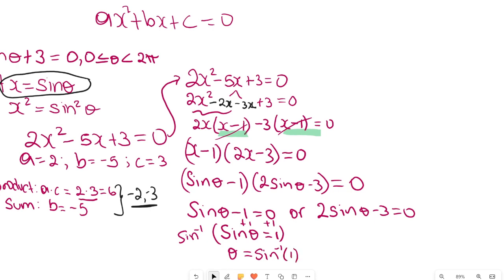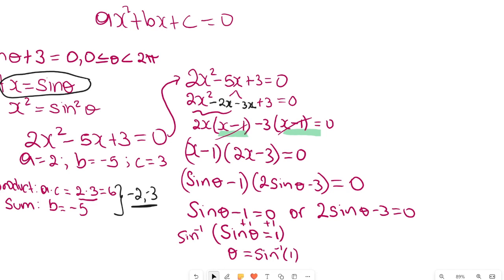And so the way I like to express this is, if you're looking for the theta in which sine inverse is 1, you're thinking, well, what angle, when you look at the unit circle, has a sine or a y value of 1?